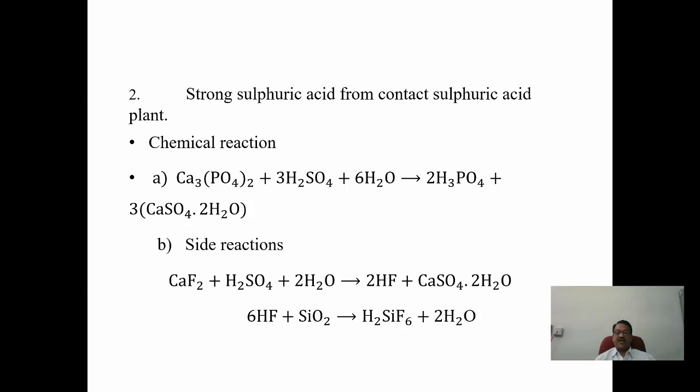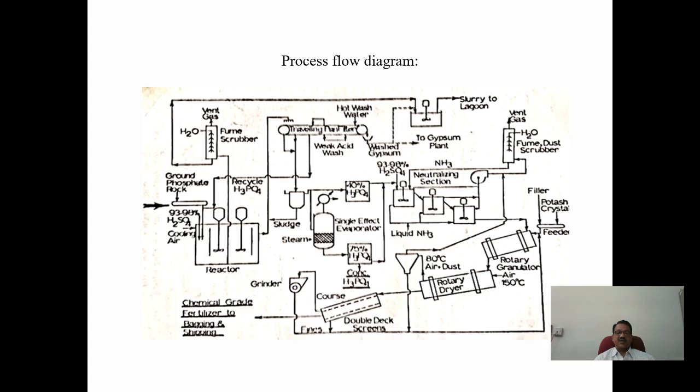It gives hydrogen fluoride and hydrated calcium sulfate. This hydrogen fluoride is further converted to hydrogen silicon fluoride by treating it with powdered silicon. So these are the chemical reactions which occur in the process.